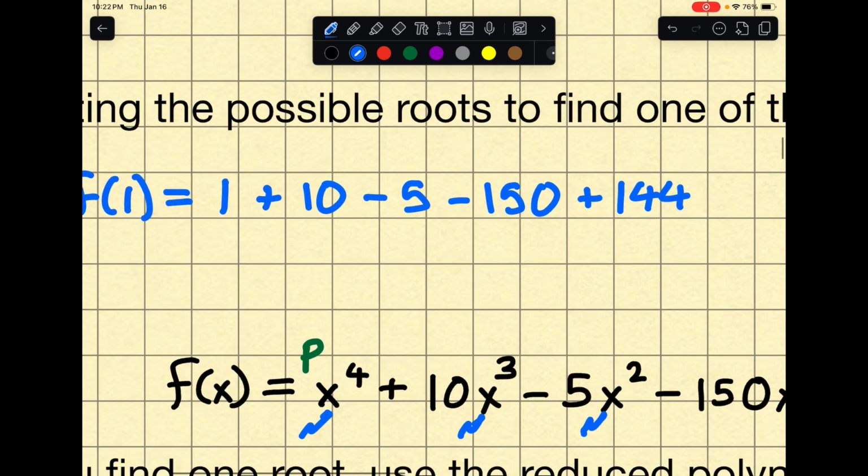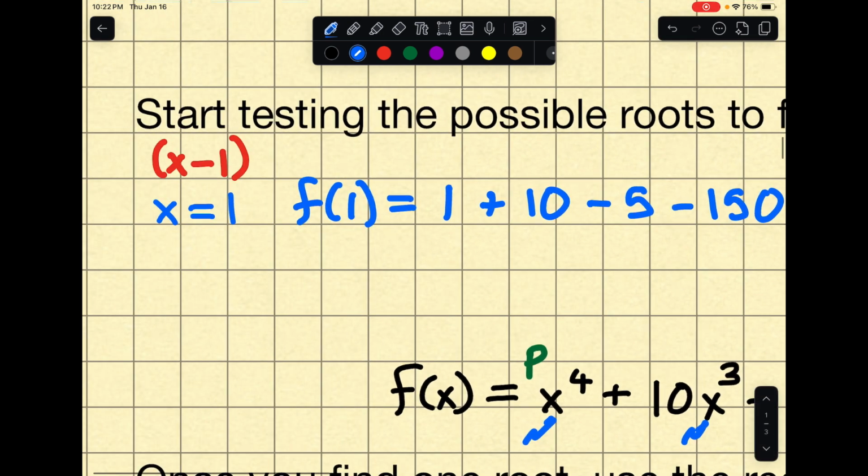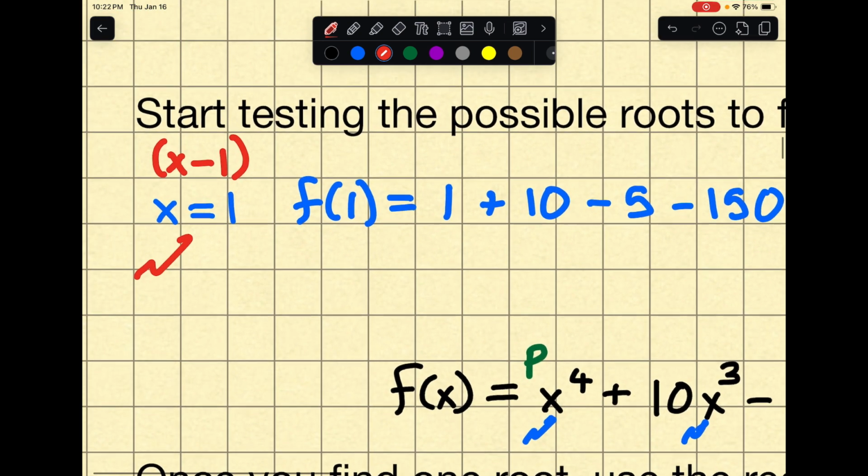And then we see if we get lucky and this equals 0. So 1 plus 10 is 11, minus 5 is 6, minus 150 is negative 144, plus 144, thank goodness, equals 0. So what we determined is that x equals 1 is one of our roots, and x minus 1 is one of our factors of this polynomial.